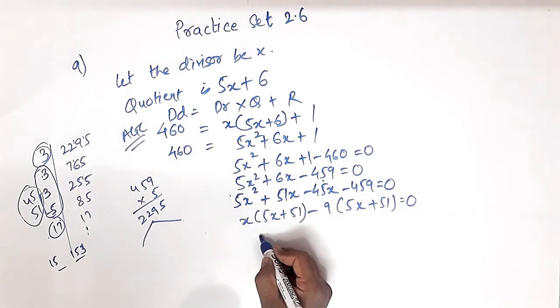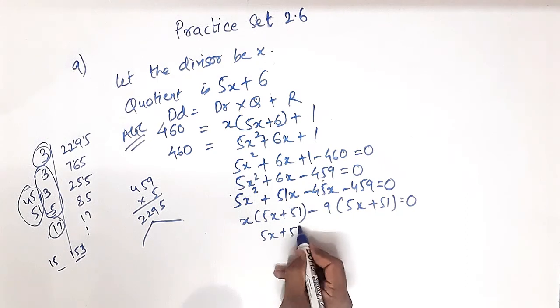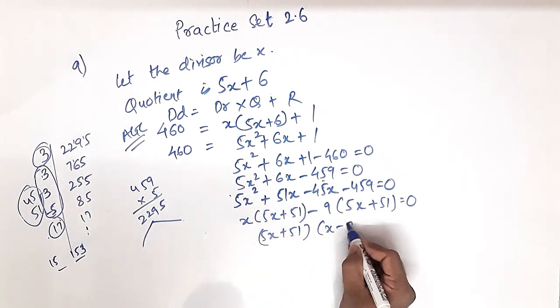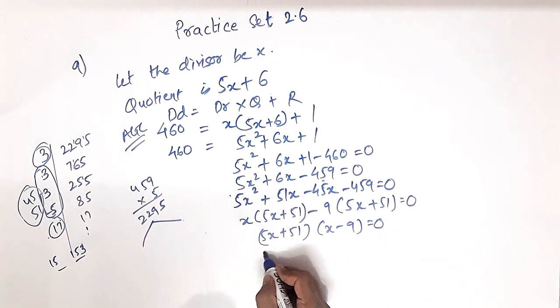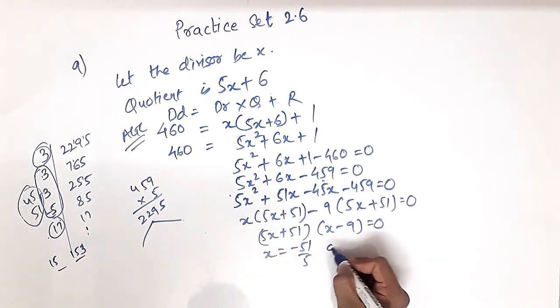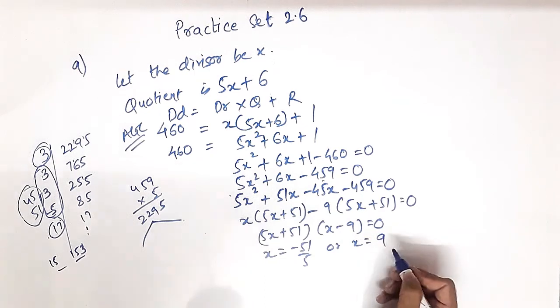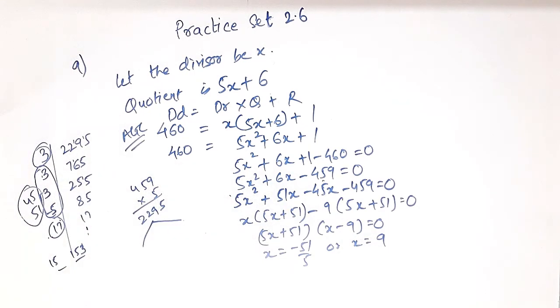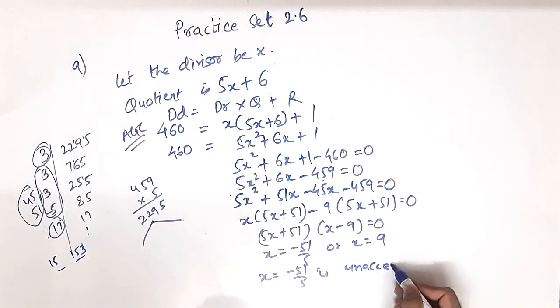So 5x plus 51 is common, what remains is x minus 9. So x is equal to minus 51 by 5 or x is equal to 9. As they have given x is a natural number, x equal to minus 51 by 5 is unacceptable because it is negative.